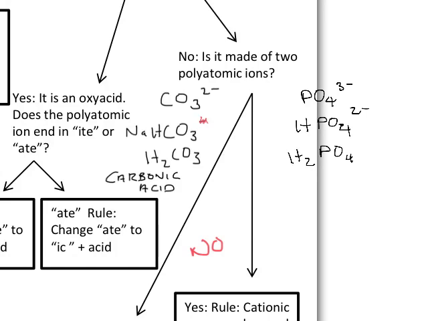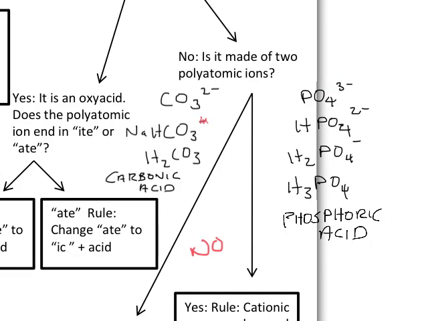Dihydrogen phosphate, -1 because now we've added 2. And this is the only one that you should be calling an acid, because the original polyatomic ion was a -3, so to get the acid you have to add 3 to it. So this is phosphoric acid.